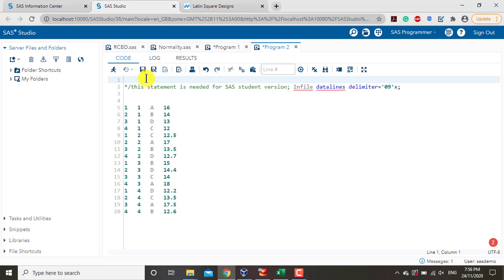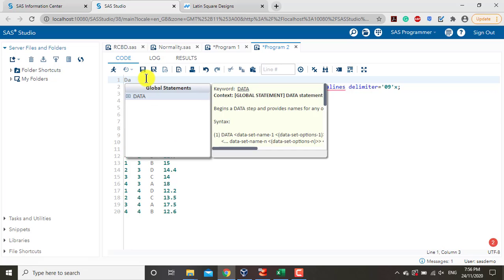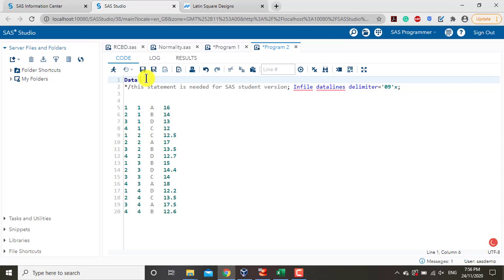So first, you have to write data and then the name. You can give it the name LSD because that is Latin square design, and this statement always should be there for SAS University Edition, otherwise it doesn't read the data.